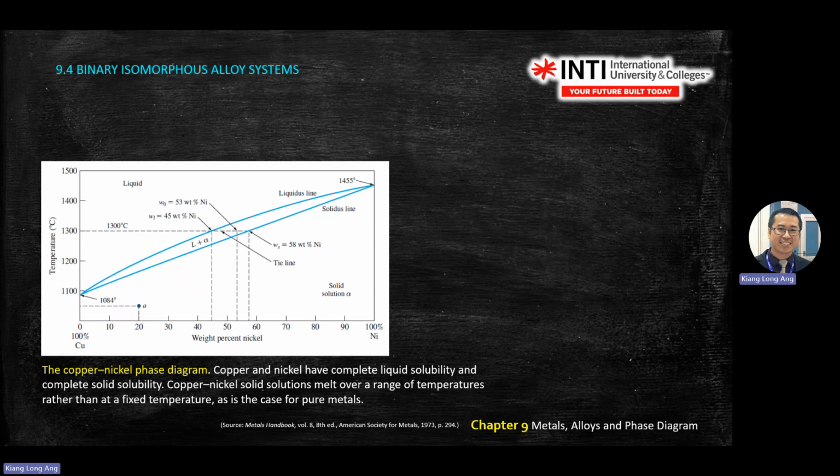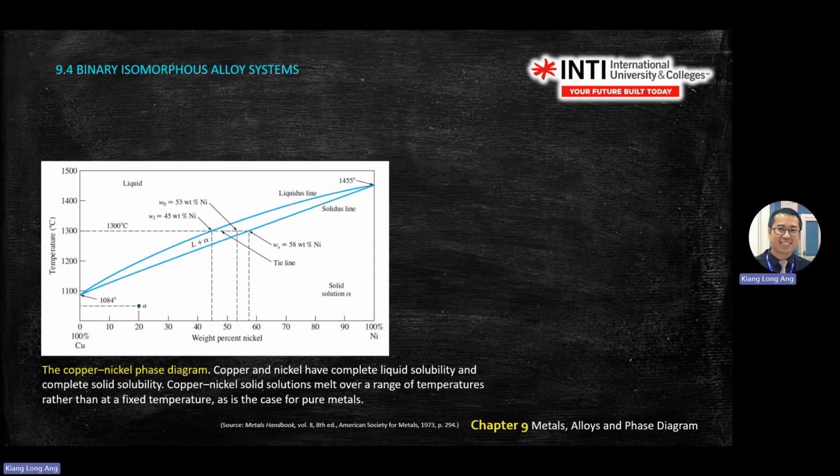What is that? Alpha. You only have alpha. One type of solid. This is all solid, copper-nickel in alpha solution.